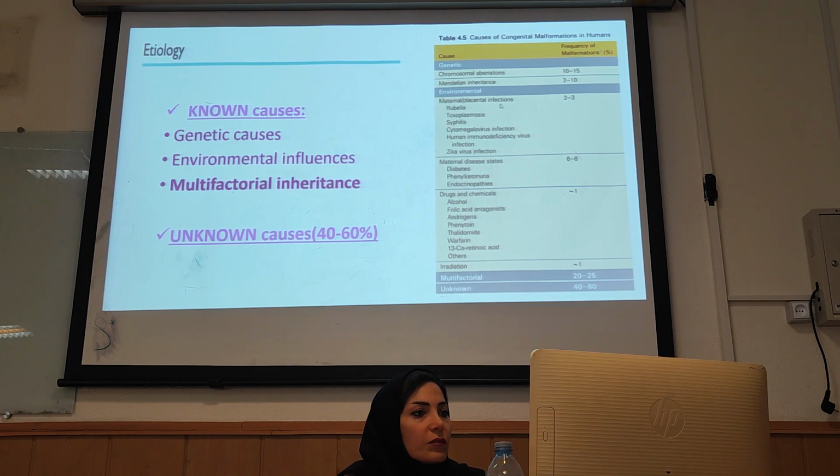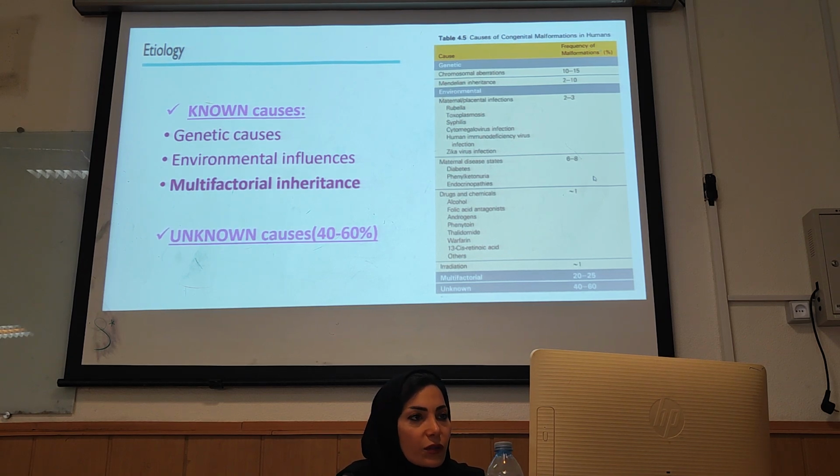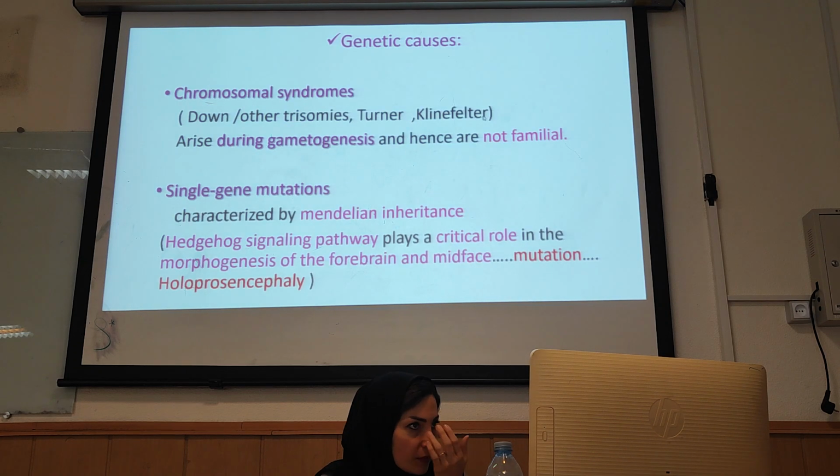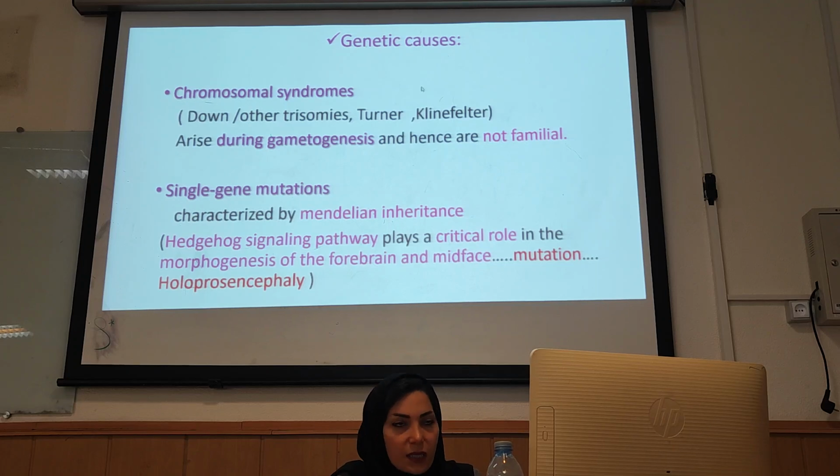Maternal infection or maternal disease status such as diabetes or endocrinopathies, drug consumption such as alcohol or thalidomide or warfarin, Roacutan, all of them may affect the fetus and lead to congenital malformation. Genetic causes from known causes.